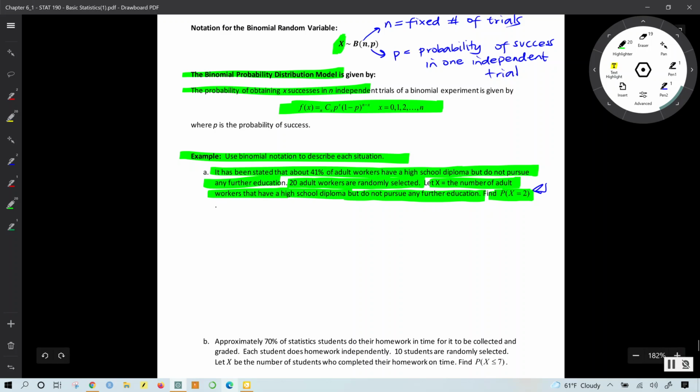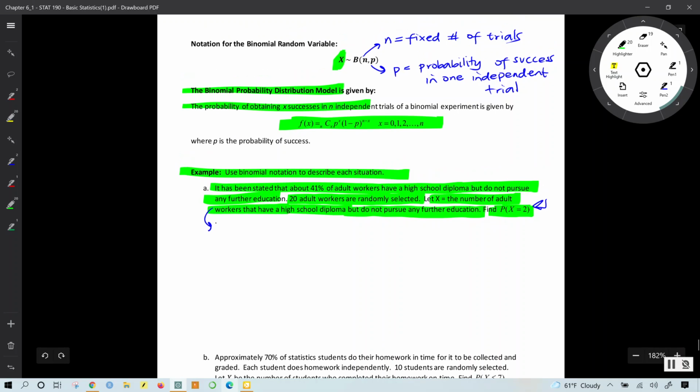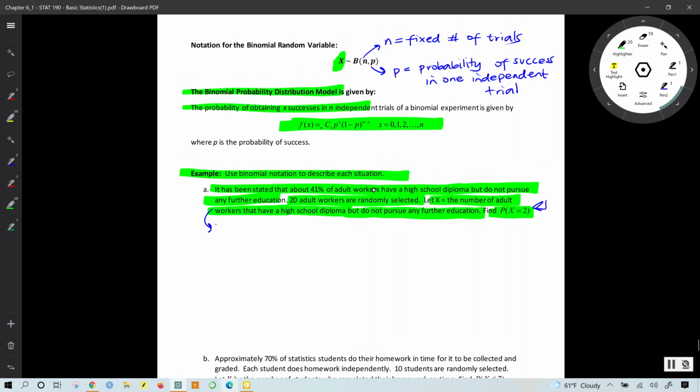In order to do this, first, we convince ourselves that this is a binomial experiment. Each adult worker is a trial here, and either they will pursue further education or will not pursue further education. So there are two possible outcomes here.